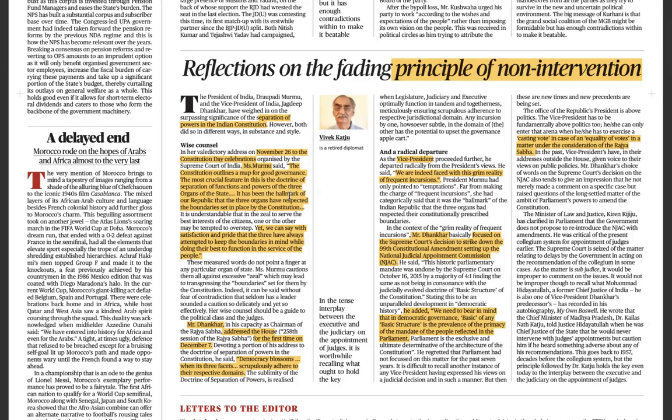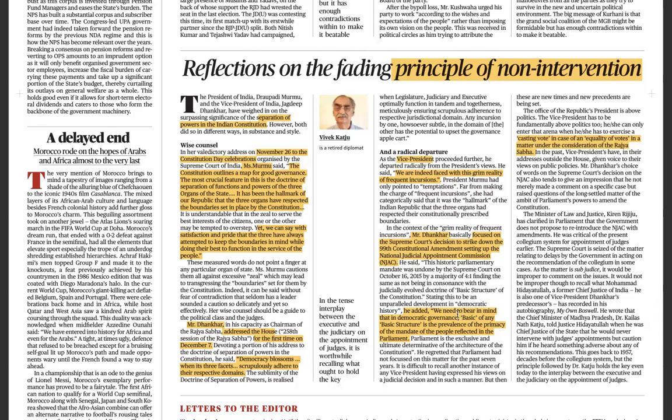However, our President did not talk about such incursions in her speech, but the Vice President is talking about this, and he focused on the Supreme Court's decision to strike down the 99th constitutional amendment setting up the NJAC, that is the National Judicial Appointments Commission.